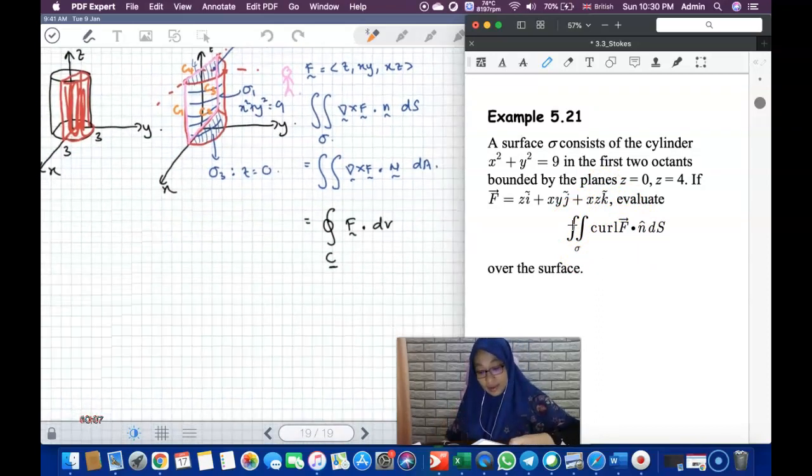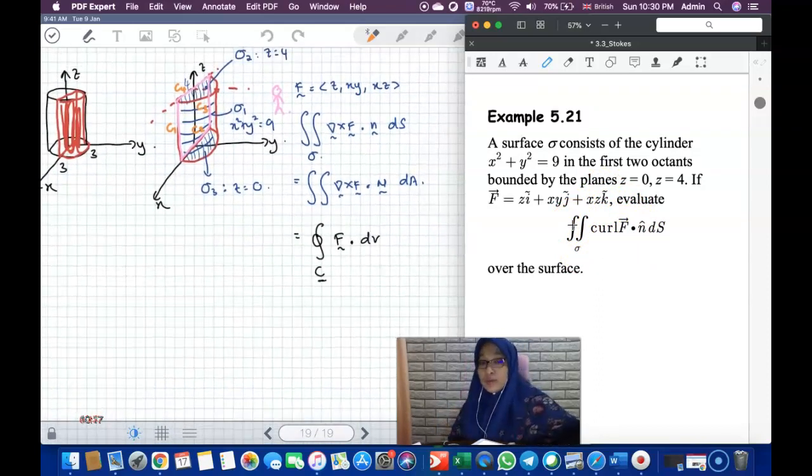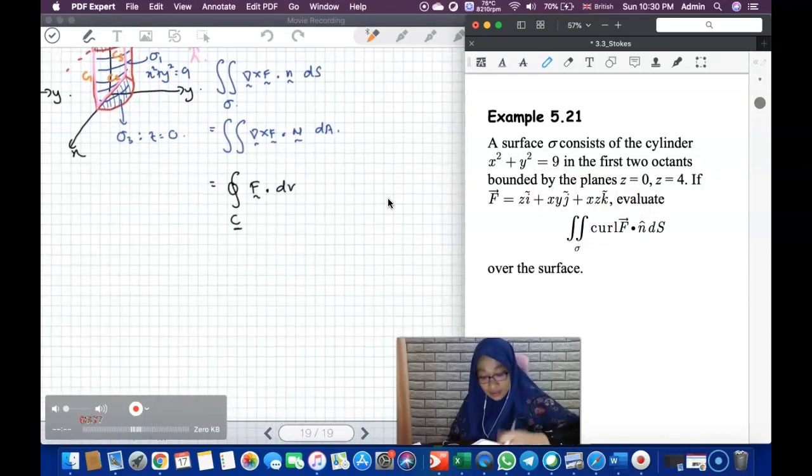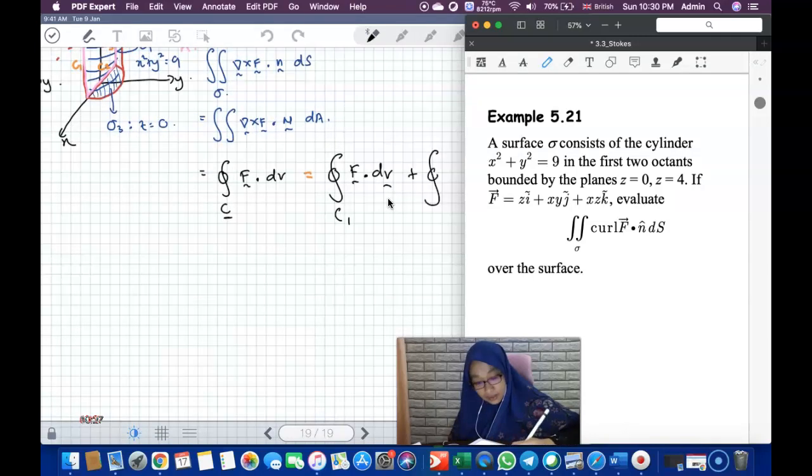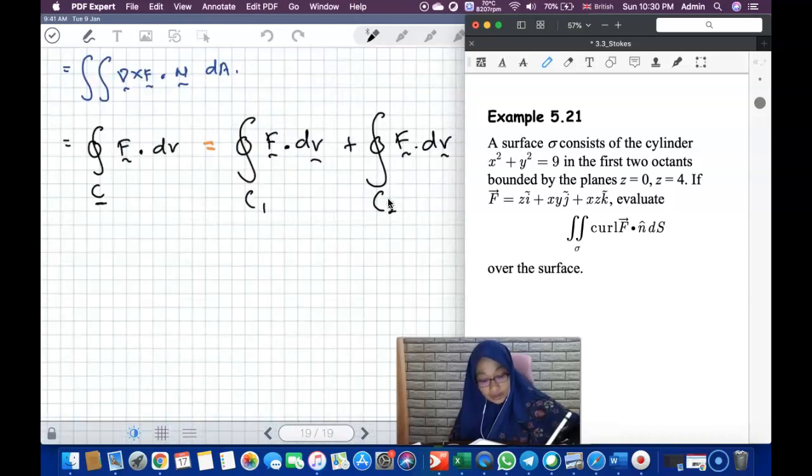So now let's say we want to solve using Stokes theorem, where you have to compute the line integral given by C1, C2, then C3 and C4, where your dr should be different, but your f is the same.